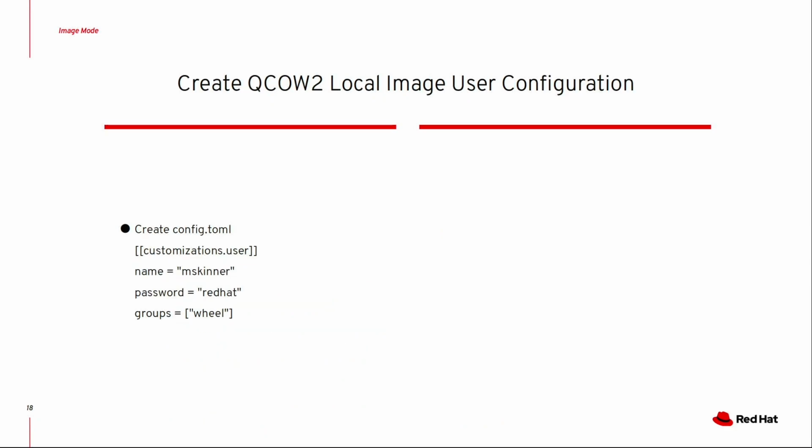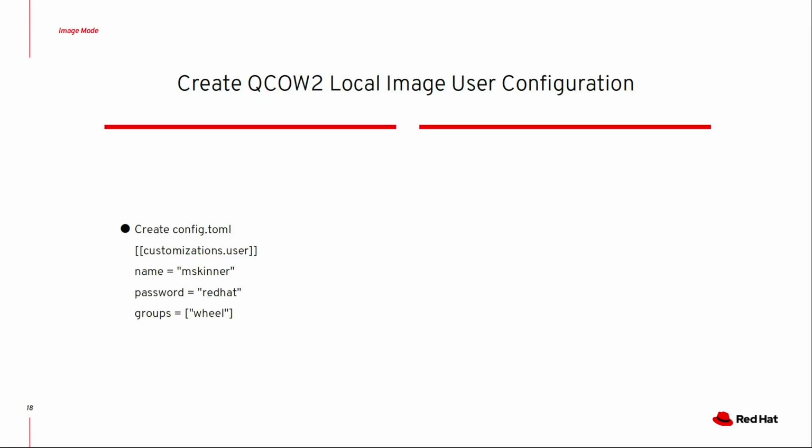One thing that is nice is, again, lots of different ways to slice the onion here, is how do we inject users? You can use Cloud-init. If you're familiar with Cloud-init, it's tried and true with Amazon and a lot of the cloud providers. So if you wanted to continue to use Cloud-init, use Cloud-init. There's also a way within the container build file, you can create what's called a config.toml file.